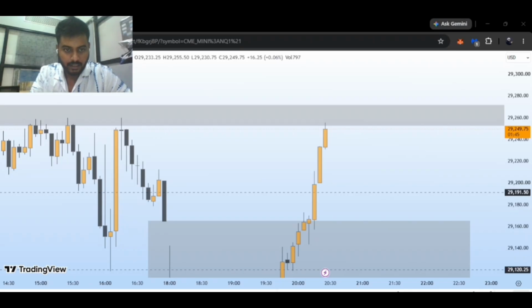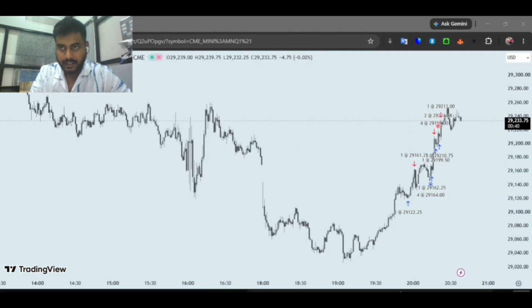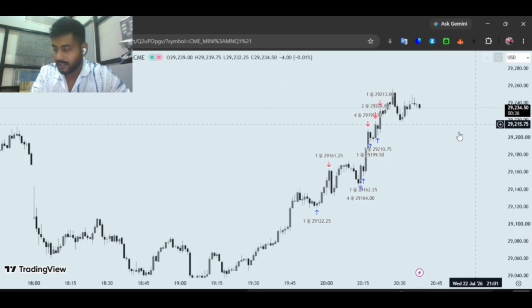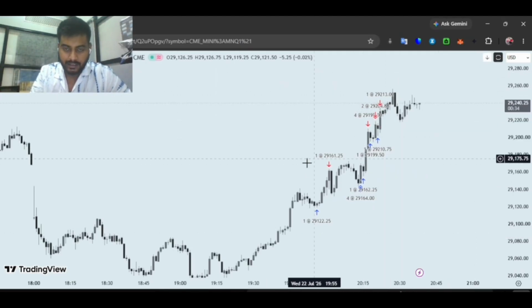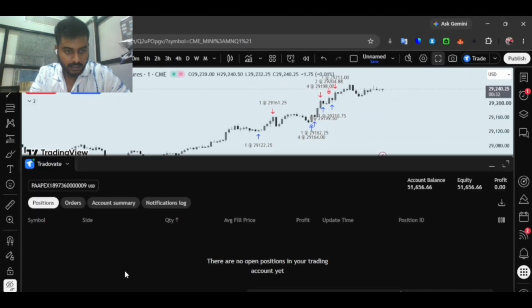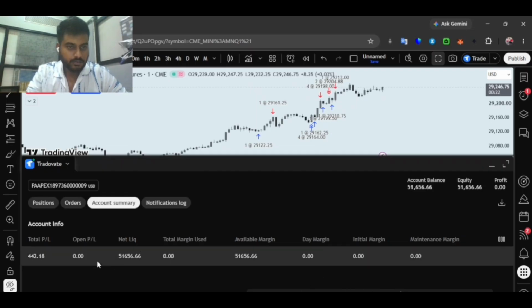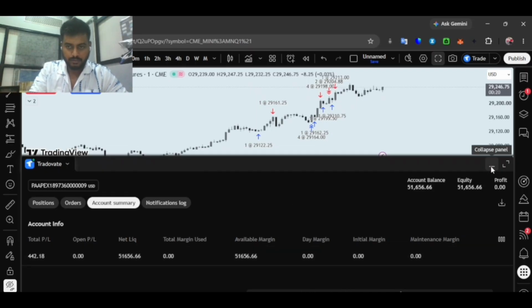I don't want to take any more trades now, so I didn't take any trade after the last execution. Here you can see today's P&L is around $423. Yes, this much is today's. I'm done for today.